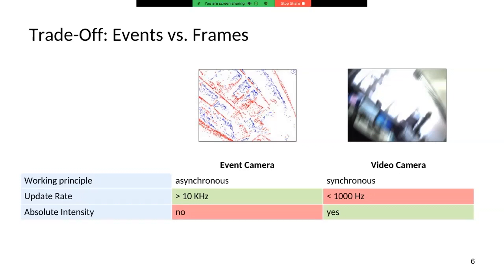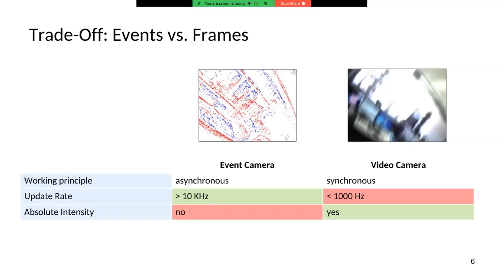And one important difference is that the update rate of an event camera is extremely high, typically more than 10,000 hertz, up to 100,000 hertz. It depends on the conditions. While for a video camera, if you don't have a high-speed camera that is designed specifically for this, you get less than 1,000 hertz. So on your phones, you typically have less than 1,000 hertz.